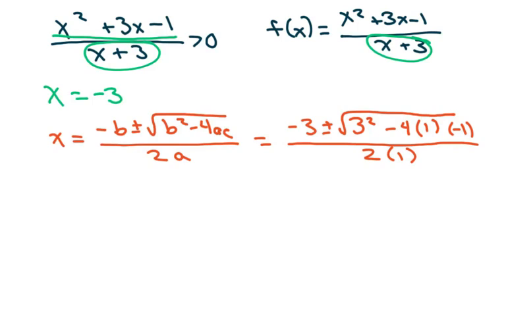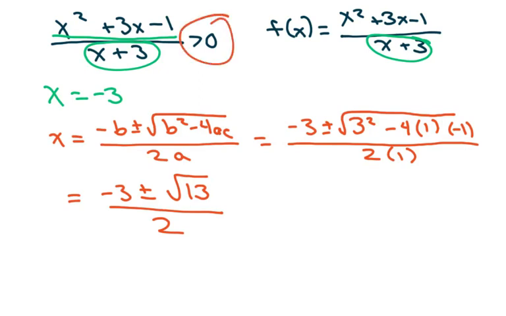Alright, so I plugged everything in, and basically I got x equals negative 3 plus or minus the square root of 9 plus 4, which is 13, all over 2. So your zeros are negative 3 plus square root of 13 over 2, and negative 3 minus square root of 13 over 2. Now we have to find where this is positive, strictly speaking.